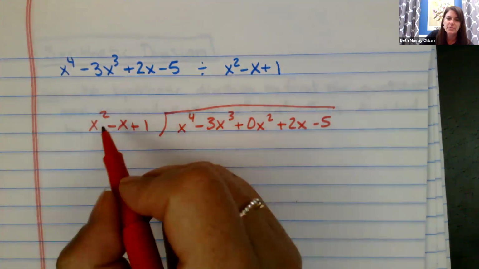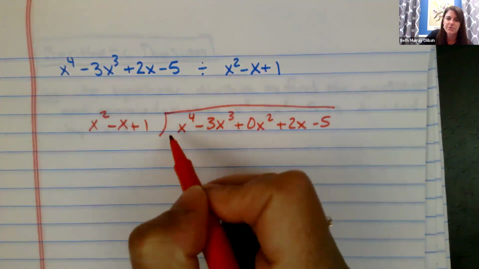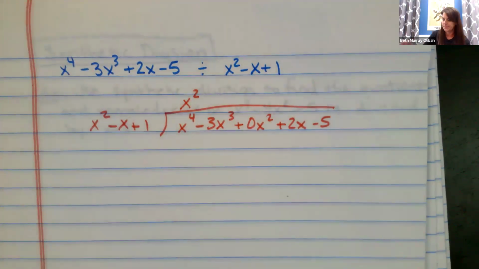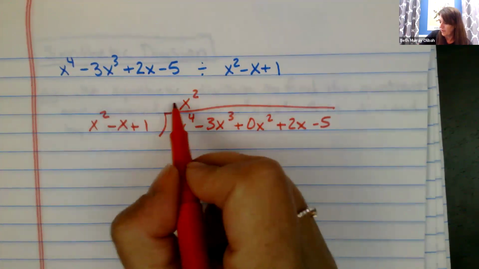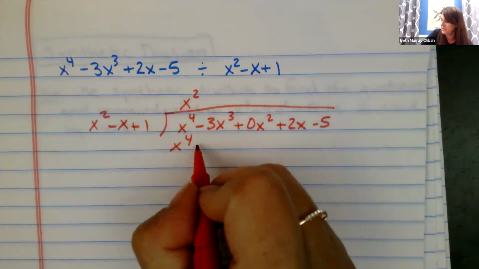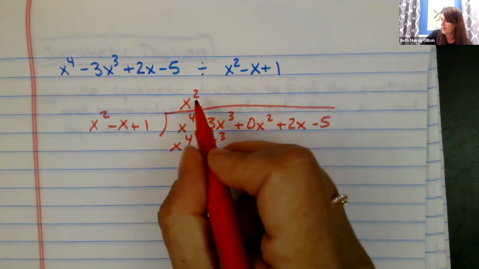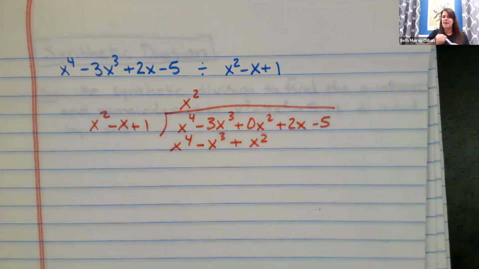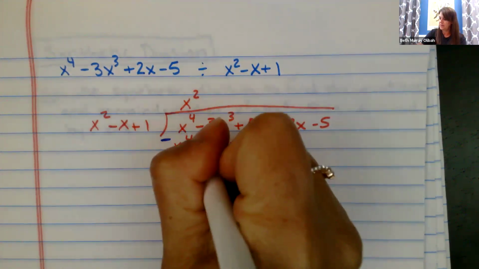Now, what would I need to multiply x squared by to get to x to the fourth? X squared. Now I multiply by all three things. X squared times x squared, times negative x squared, times 1. Now make sure, subtract, subtract.